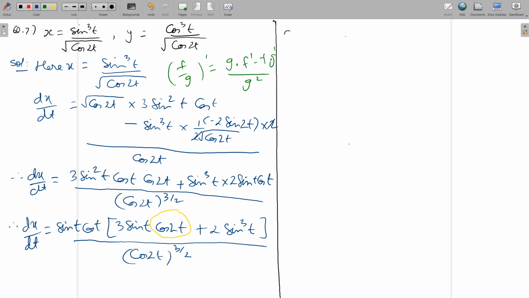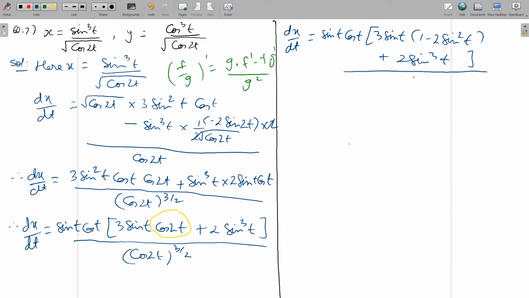So this will give us dx by dt equal to sin t into cos t, 3 sin t into cos 2t, which can be written in terms of sine as 1 minus 2 sin square t, and plus 2 sin cube t, the whole divided by cos 2t raised to 3 by 2.